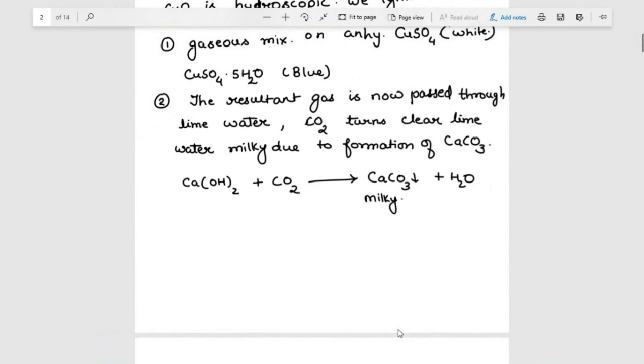Yes, but we need to take care that there is a possibility that you get this milky solution and you don't stop the CO2 passage. Then, due to the formation of calcium bicarbonate, it will again become a clear solution.